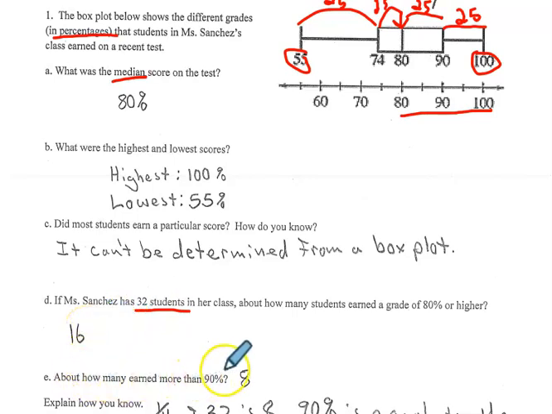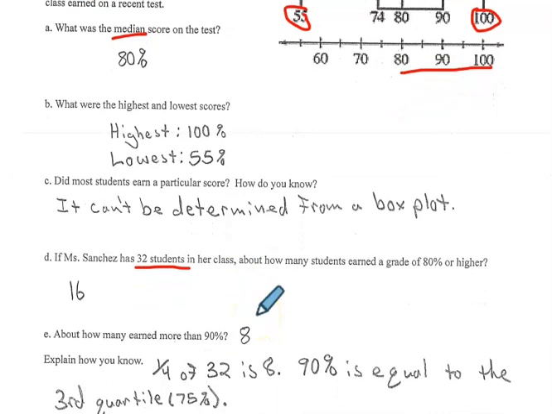How many earned a score of more than 90? So 90% is right here. So 25% of the students scored greater than 90. Well, if half the students is 16, half of half is going to be 8. So 25% of 32 is going to be 8. Or 32 divided by 4 is 8. So explain how you know.